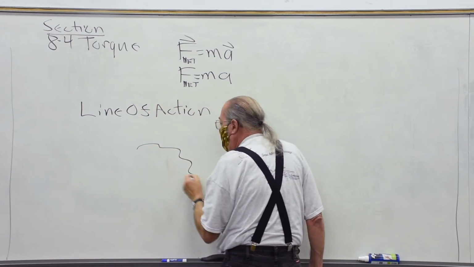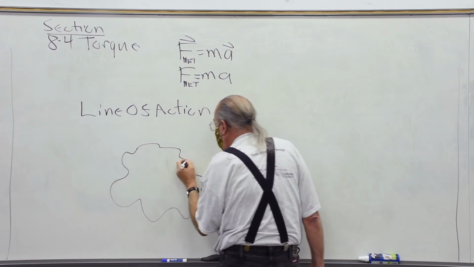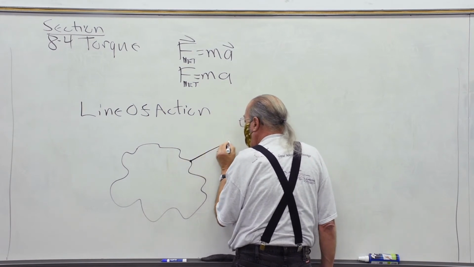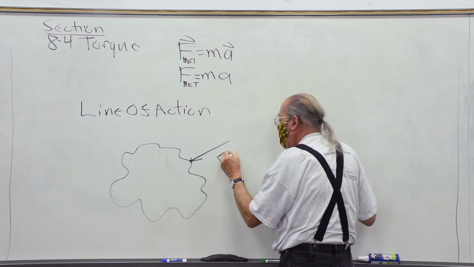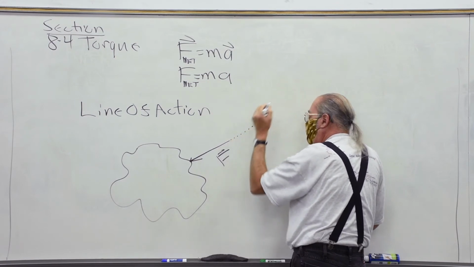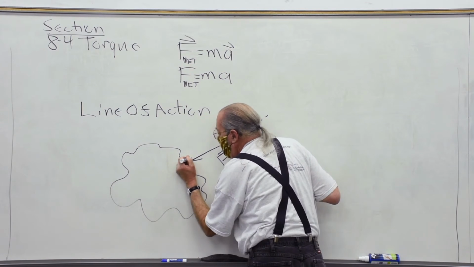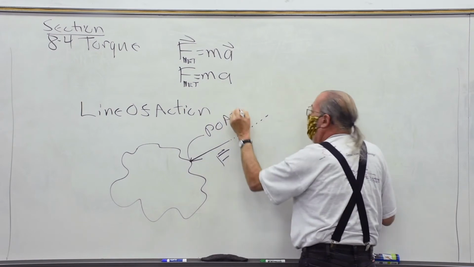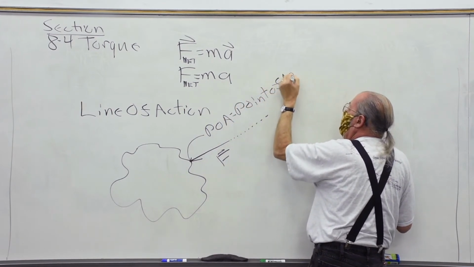If this is a body and I apply a force to it at this point, so here's my force F. If I draw a line through the point of application, this point right here, by the way, is called the POA, or the point of application.